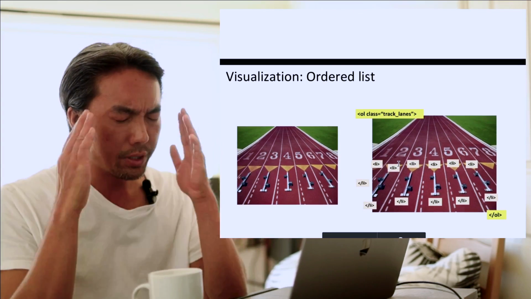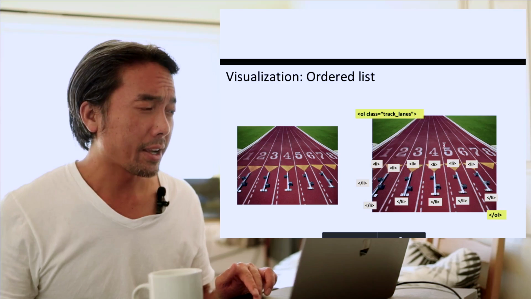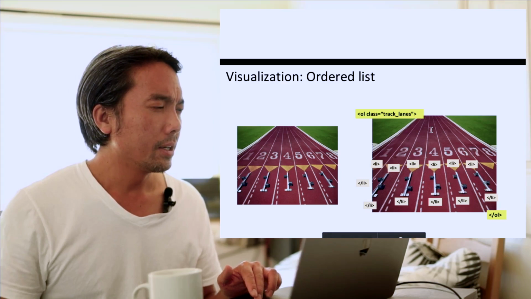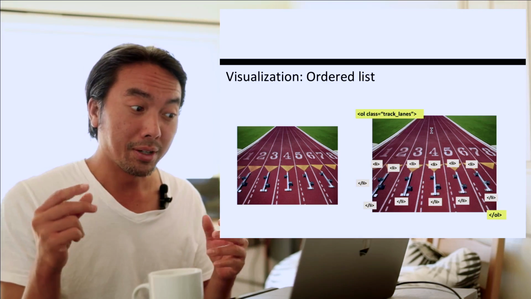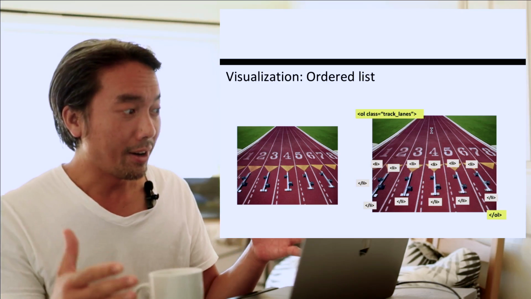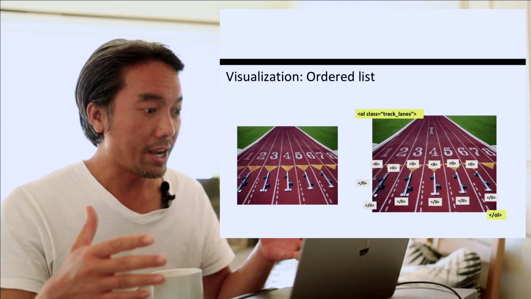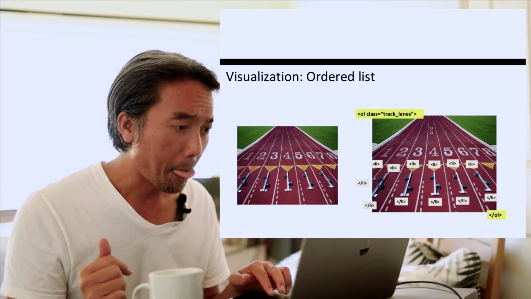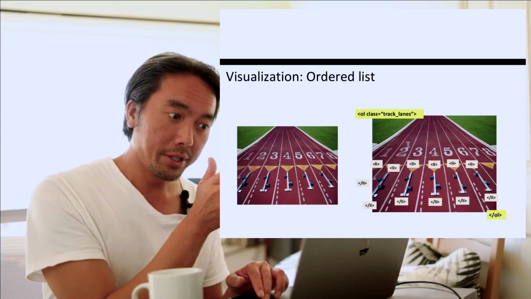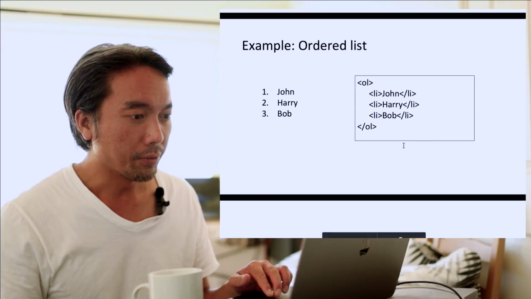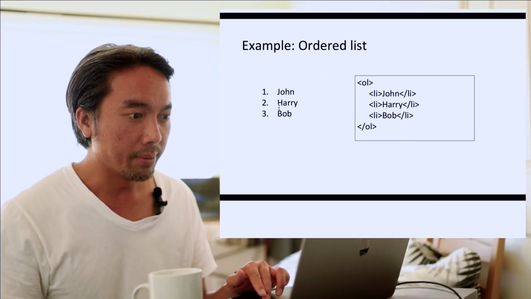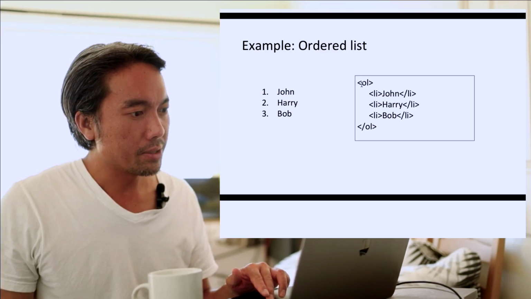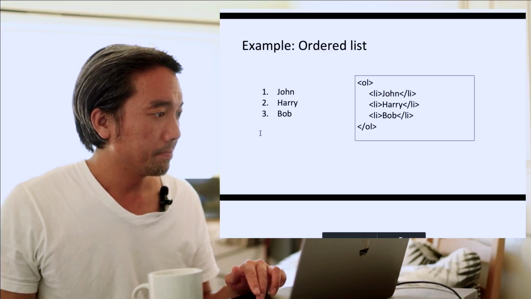For example, if you're running on a track and you see this is lane 1, 2, 3, 4, 5, 6, 7, 8, then you could visualize putting an OL tag on these lanes, and for each lane, an LI tag, because this is an ordered list. Or let's say John is more important than Harry, and Bob is last. Then I put them in an ordered list for 1, 2, 3.